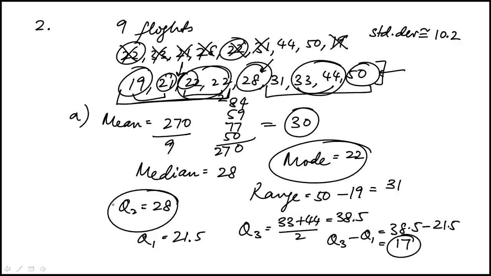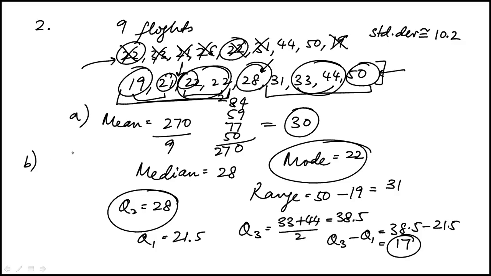So now we have to answer B, where we're told that if there had been 3 times as many passengers, what happens to the mean, median, mode, range, and interquartile range, and the standard deviation? So anytime you triple the numbers in the set, the mean triples.